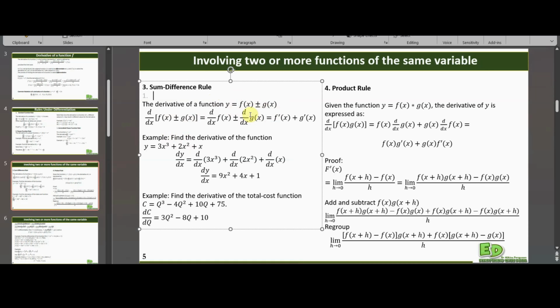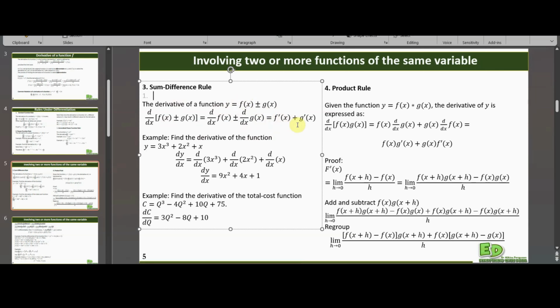So to find the differential of that, it is saying that dy over dx, right, or f prime of x, differentiate the first function given to you. So if the first term is what? f of x, we would say dy over dx is equal to f prime of x. You've differentiated the first term.